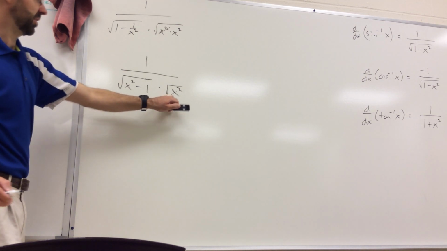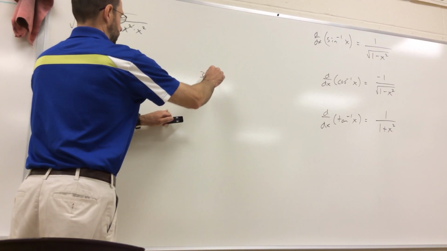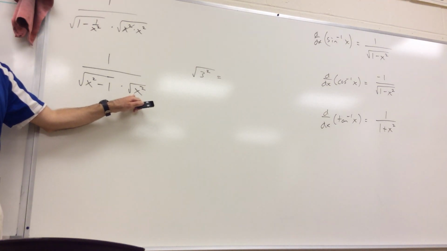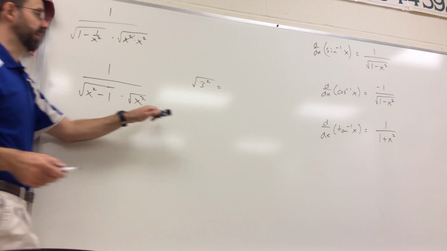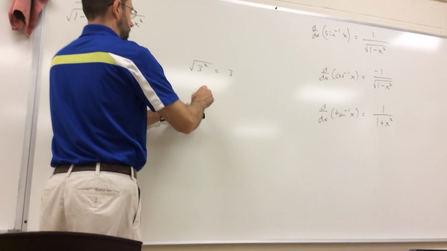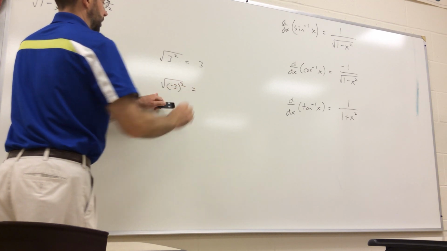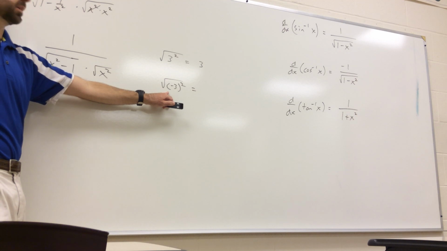Okay, now let's talk about this a little bit. If x is 3, what's the square root of 3 squared? 3, right? Because 3 squared is 9, square root of 9 is 3. Okay, how about if it's negative 3? Still 3, right?